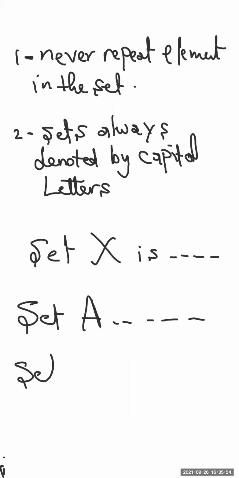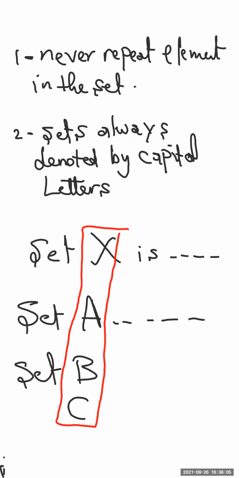So also set B, C, and so on. Here, guys, we always use capital letters to represent the sets, not small letters. So it's capital A, not small a. Okay?